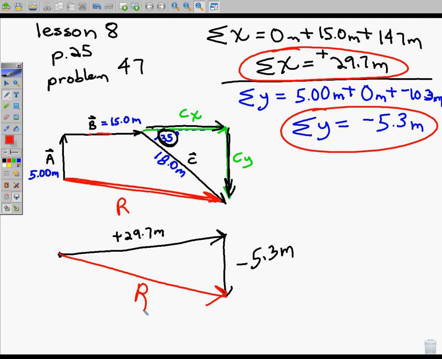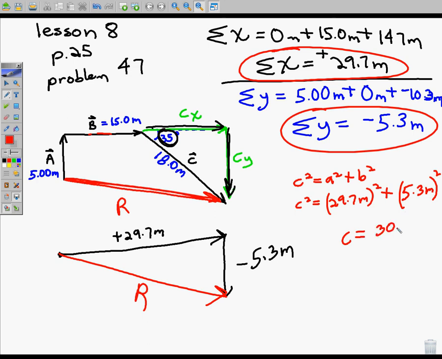Bravo, excellent. So c squared is going to equal 29.7 meters squared plus, you could put it in positive or negative, doesn't matter because you're going to square it, 5.3 meters squared. And when you solve for c, what do you get? 30.2. So that's the magnitude of the resultant.